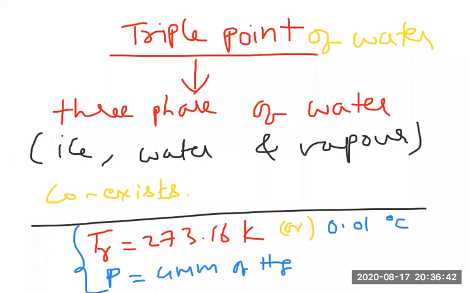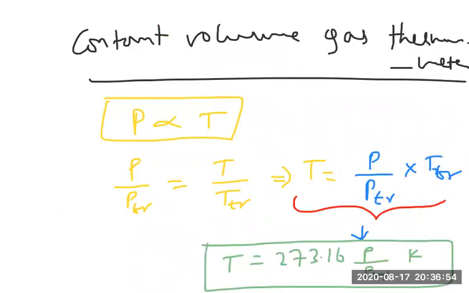These are called the coordinates of the triple point of water: 273.16 Kelvin and pressure 4 mm of Hg. In a constant volume gas thermometer, pressure is directly proportional to temperature, from the gas laws. We didn't discuss gases yet; in the gases chapter we'll go into detail. Remember the triple point temperature, 273.16 Kelvin.